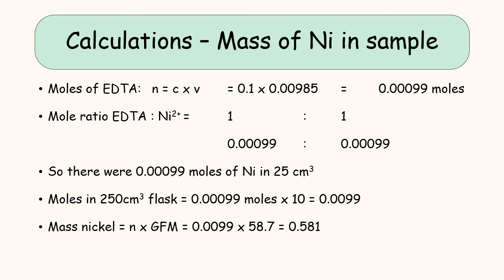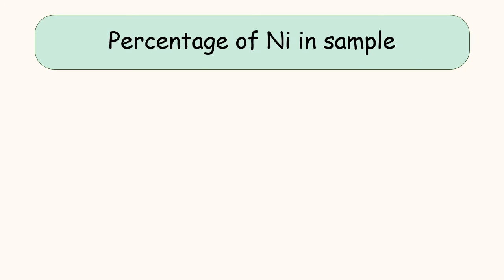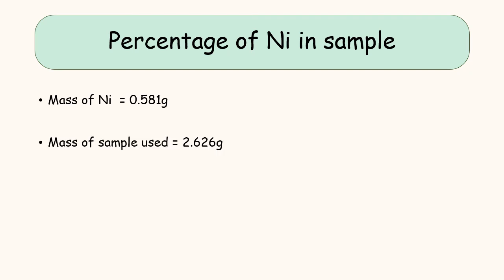Now you could be asked to then work out a percentage as your final thing. If that was our mass, remember from a few slides back, we used a sample of 2.626 grams. To do our percentage, we use our mass of nickel divided by our mass of sample, multiplied by 100, which is 22.1%.